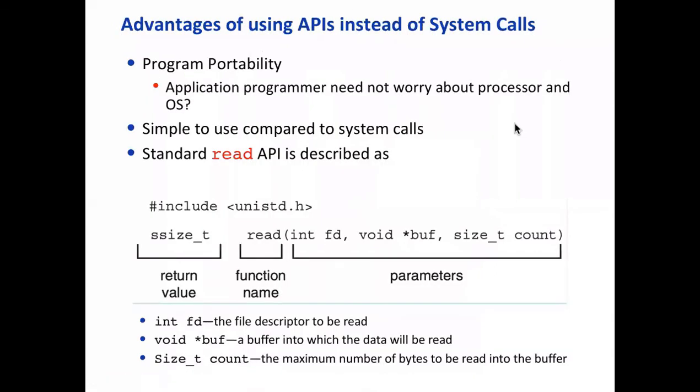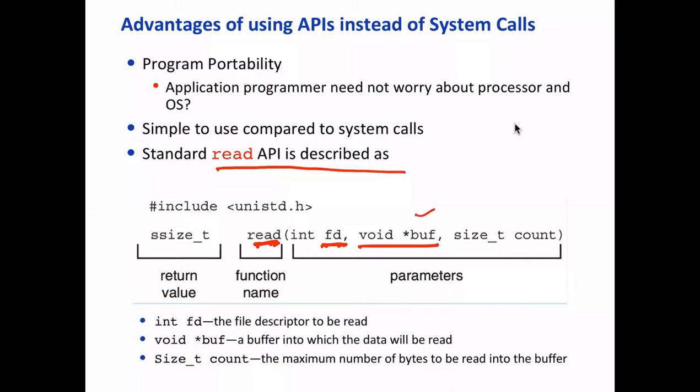This is another example: the standard read API. This is the API corresponding to a library function, where we are reading from a file, this file descriptor fd, and reading into a buffer, which is shown as a string here.